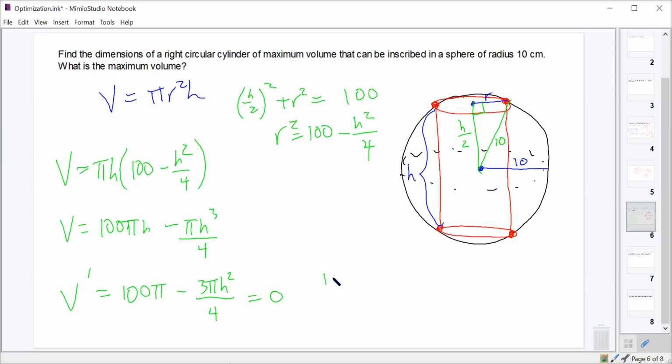So that'd be if 100 pi equals 3 pi h squared over 4. And simplifying that down, what do you get for h? That's 400 pi, divided by the pi is just 400. H squared is 400 over 3, so h is 20 over root 3.